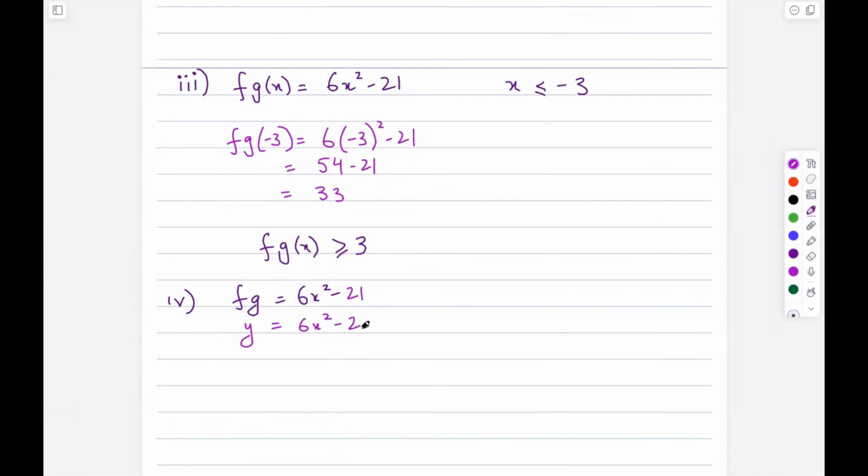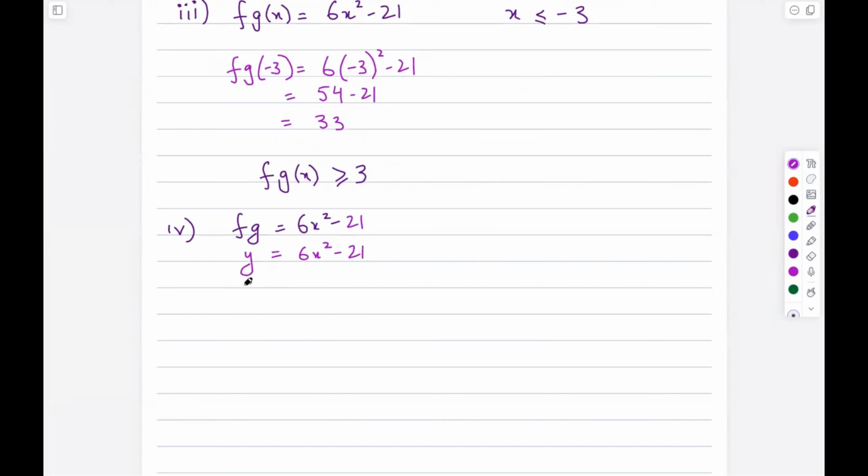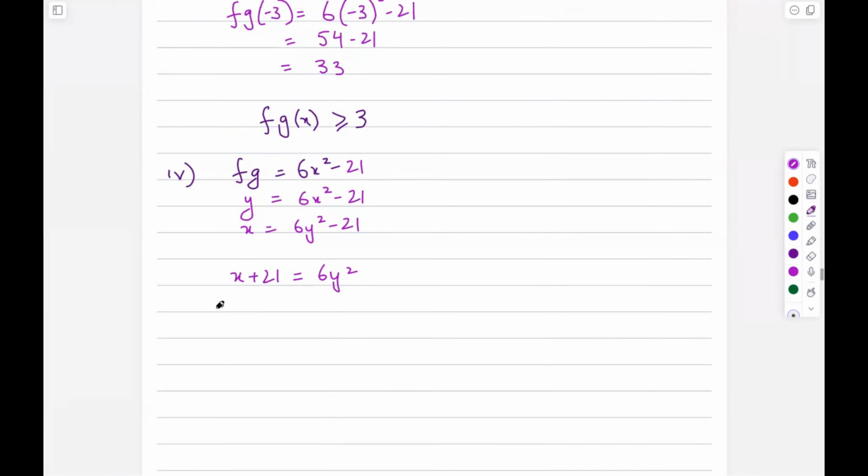So 6x squared minus 21, exchanging the values of x and y, this will become x is equal to 6y squared minus 21. Taking 21 on the left hand side, that will become x plus 21 is equal to 6y squared. Now dividing by 6, we'll get y squared is equal to x plus 21 upon 6.